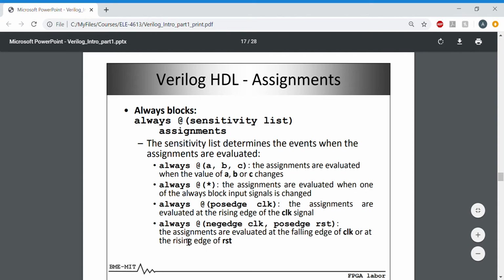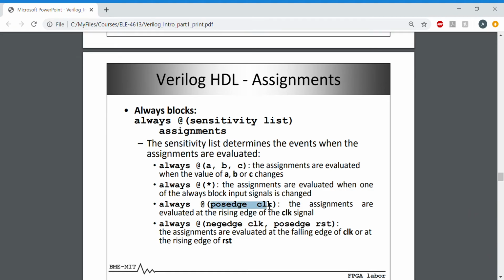Here you can have a reset that is synchronous, that depends only on the clock. Most resets in the FPGA are synchronous, so you use this method. You don't use this; very rarely do people use this.